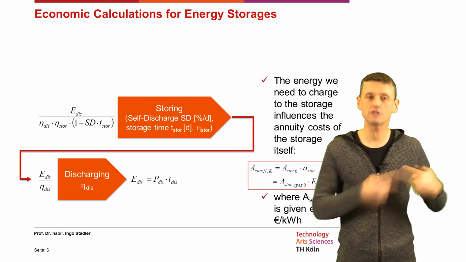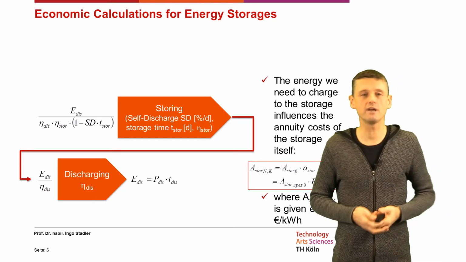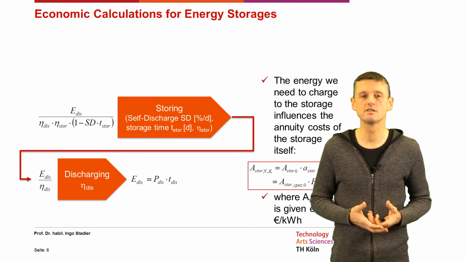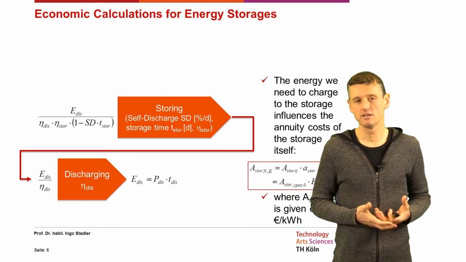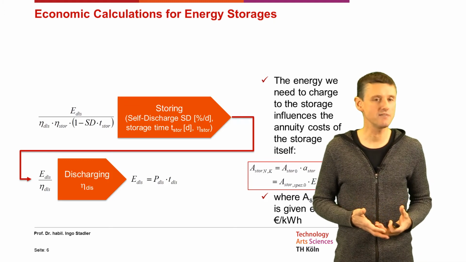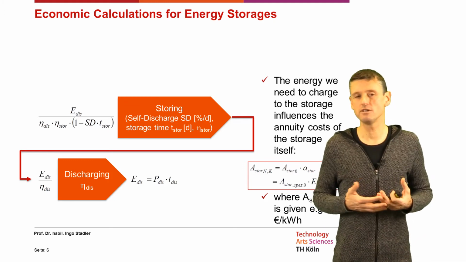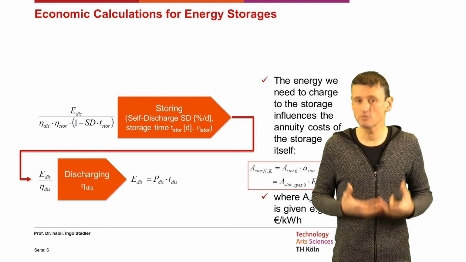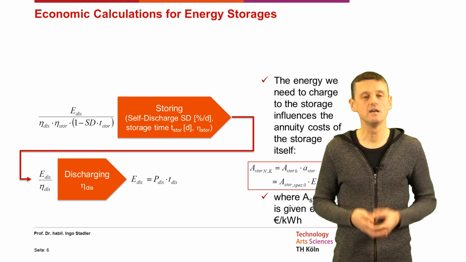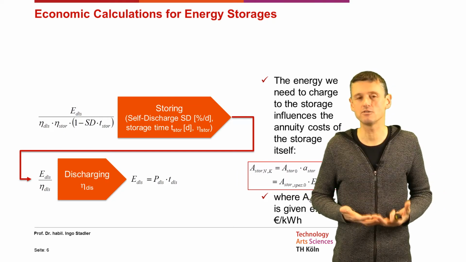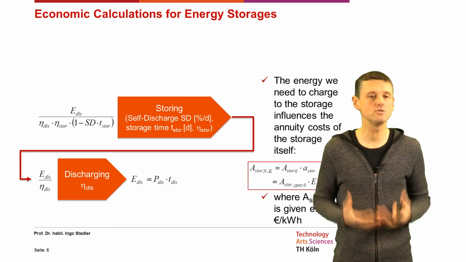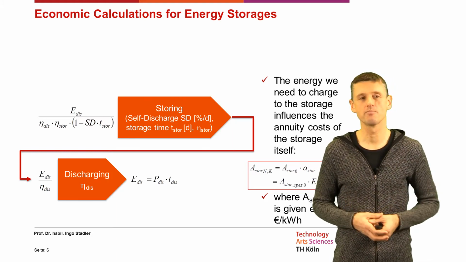And when we charge the storage, we need to enter more. The storage costs, the annuity store NK, is then the initial investment into the storage capacity, given in euro per kilowatt hour, times the storage capacity or the storage energy E store itself, multiplied by the annuity factor A store.